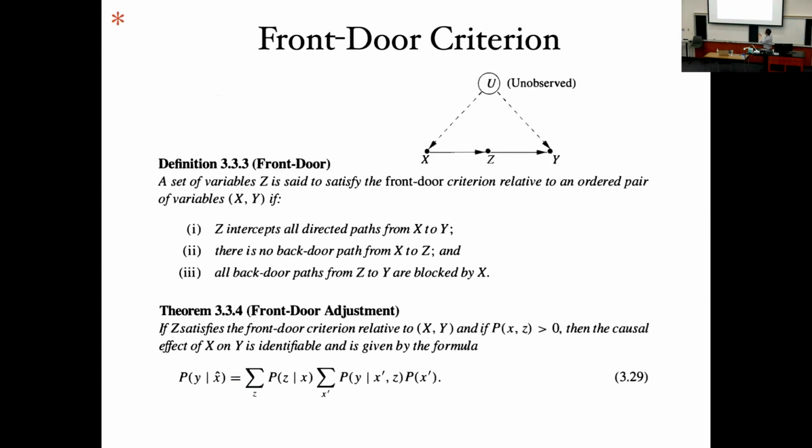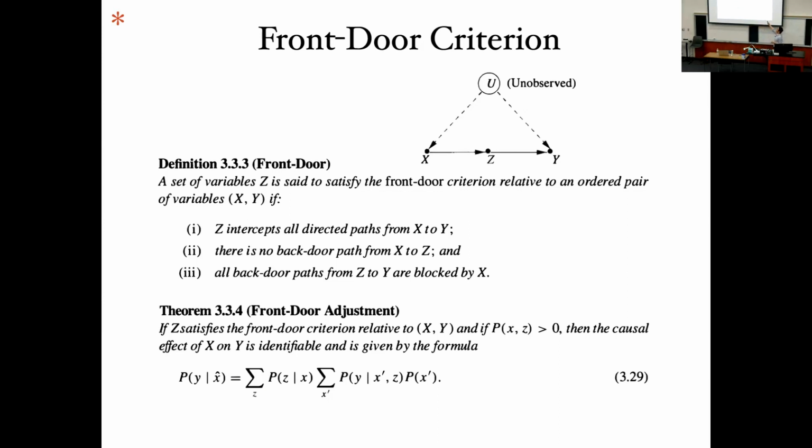You can see how we can do adjustment. And this is the front door criterion. It's also very intuitive. Z is here. Here we have a path from X to Y, and Z can only be here. You can also have latent confounders right here. You don't care. As long as this condition holds true, you can do the adjustment.